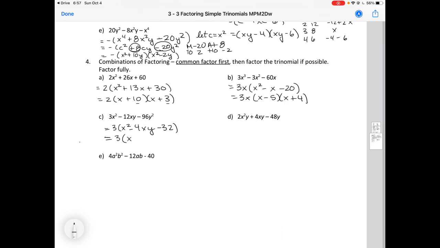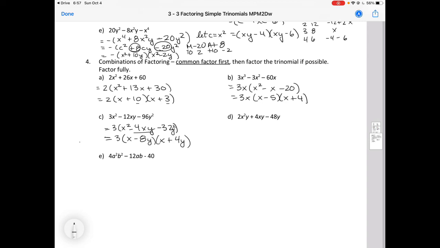Those two numbers are going to be x minus 8y and then x plus 4y. I can double check because my last term will end up being minus 32y squared, and my inner term is going to be minus 8xy plus 4xy, which will give me minus 4xy.